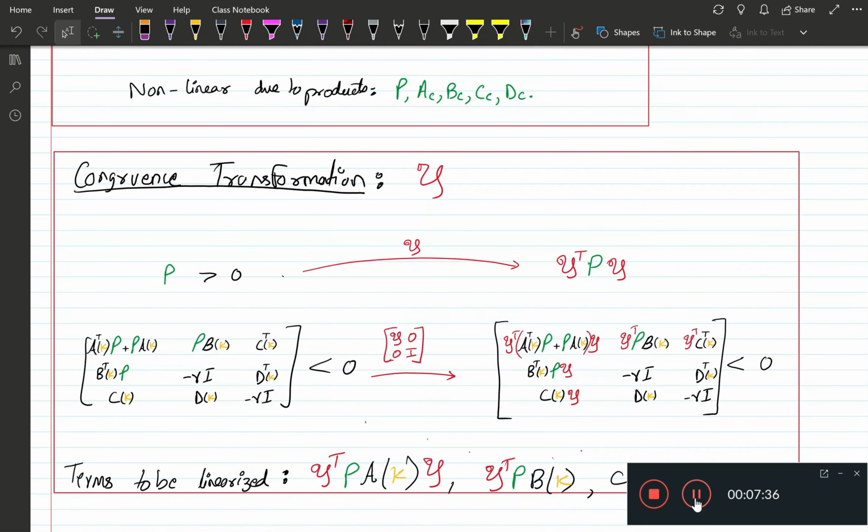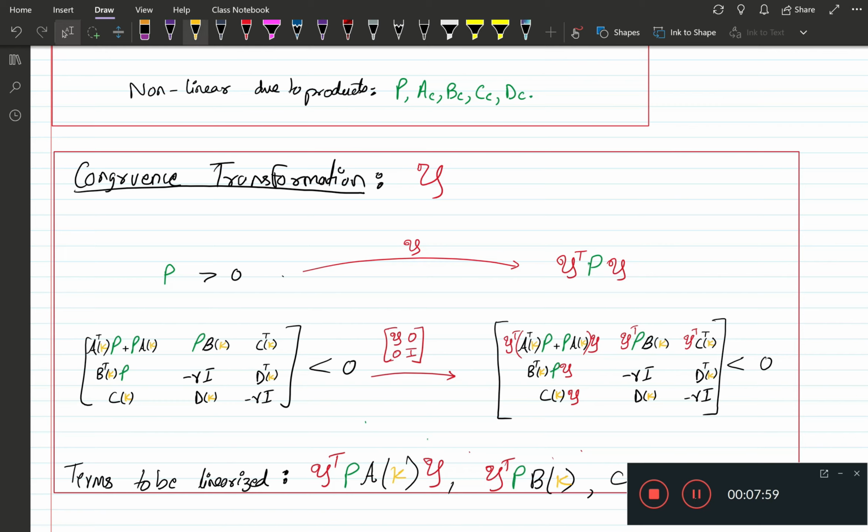We could then think of a congruence transformation with a matrix calligraphic Y and obtain equivalent matrix inequalities. So P positive definite can be equivalently written as Y transpose PY positive definite.